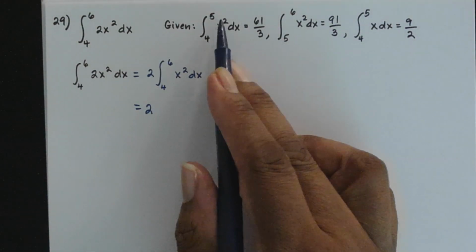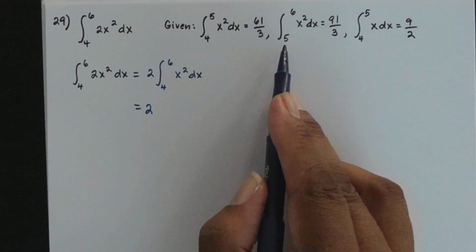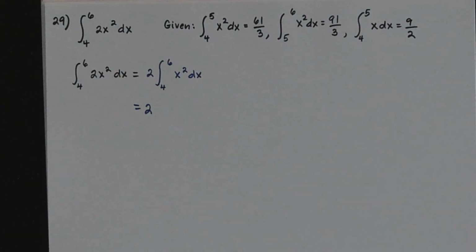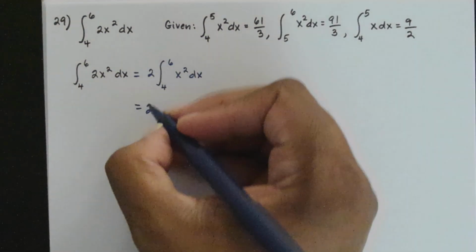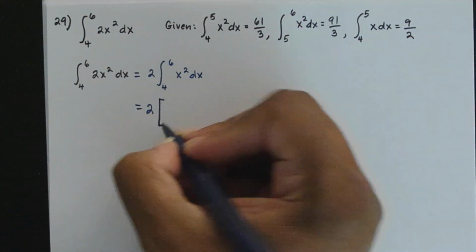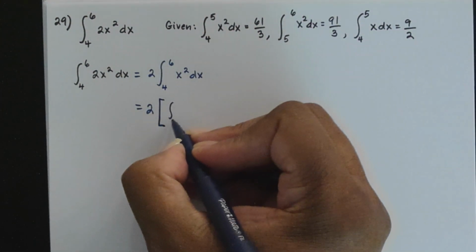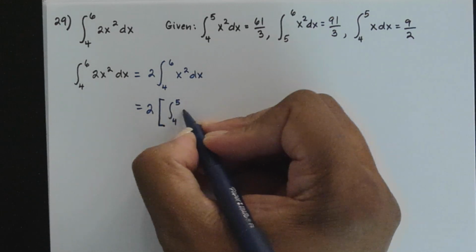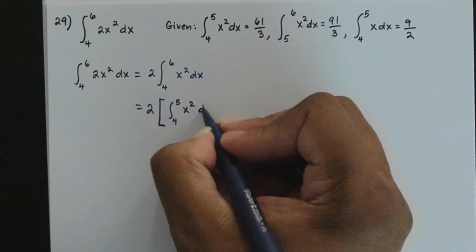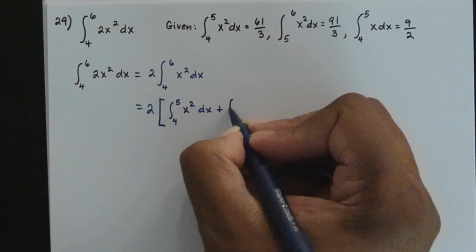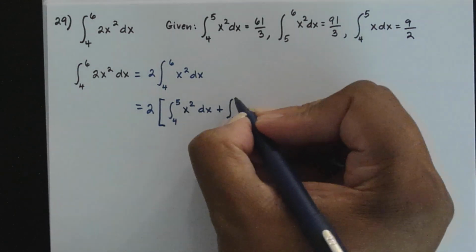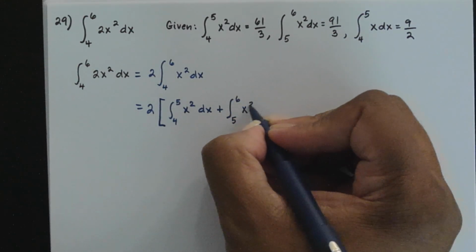I have an integral from 4 to 5, and I also have an integral from 5 to 6. I can use both of those to help me evaluate this. So I'm going to rewrite this as the integral from 4 to 5 of that x squared dx plus the integral from 5 to 6 of x squared dx.